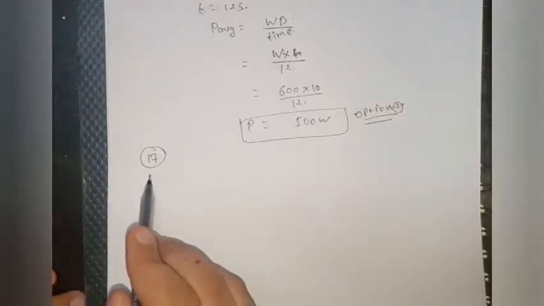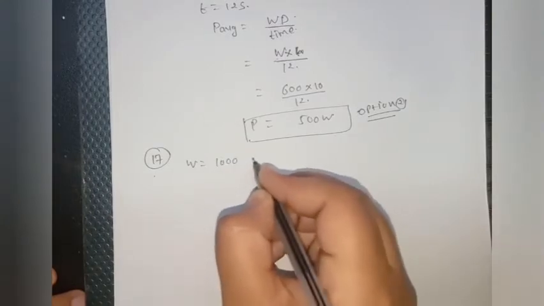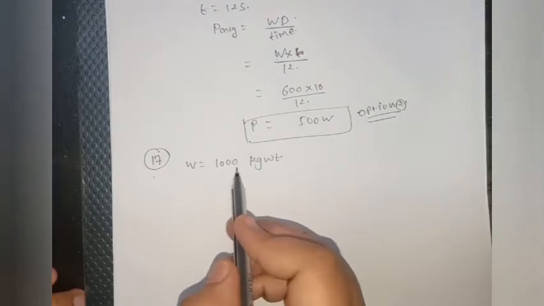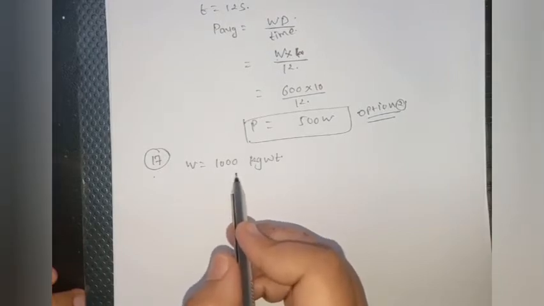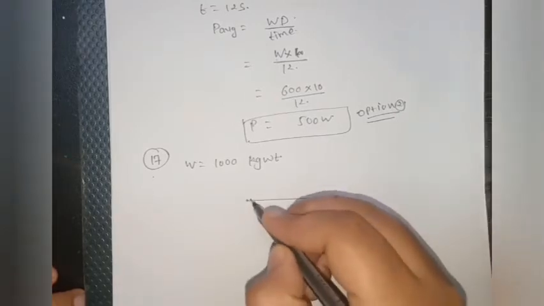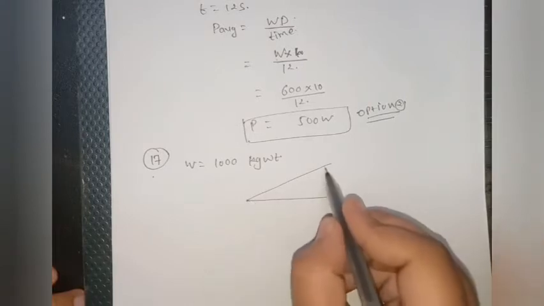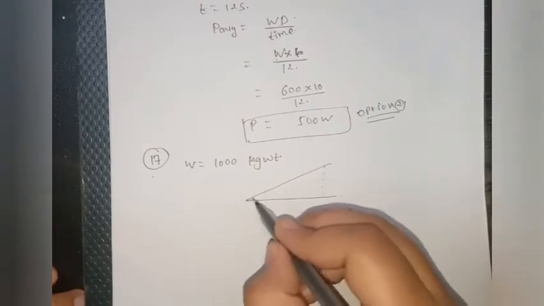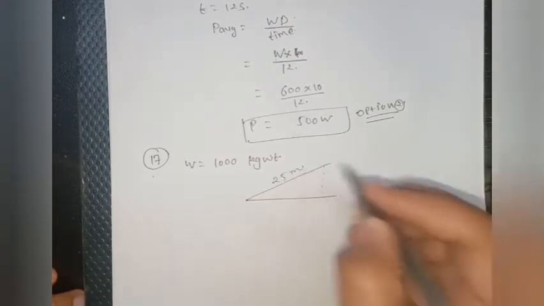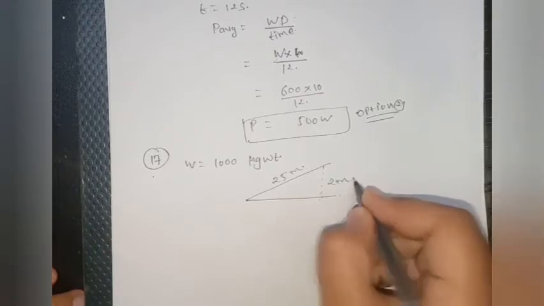In question number 17, a car weighing 1000 kg is going up an incline with a slope of 2 in 25. The meaning of slope of 2 in 25 is, if it travels a distance of 25 meter along this slope, the height reached by the car is 2 meter.